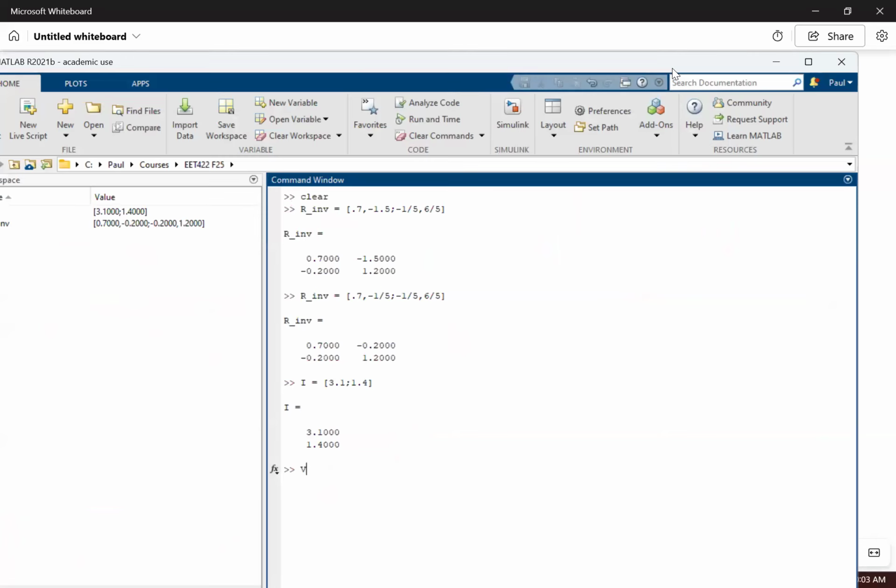Now to solve for my voltage matrix, I'm going to take the R inverse and invert it. So R underscore inverse, raised to the minus 1, and then I'm going to multiply that by my I matrix. And those are my two voltages: 5 for V1 and 2 for V2.